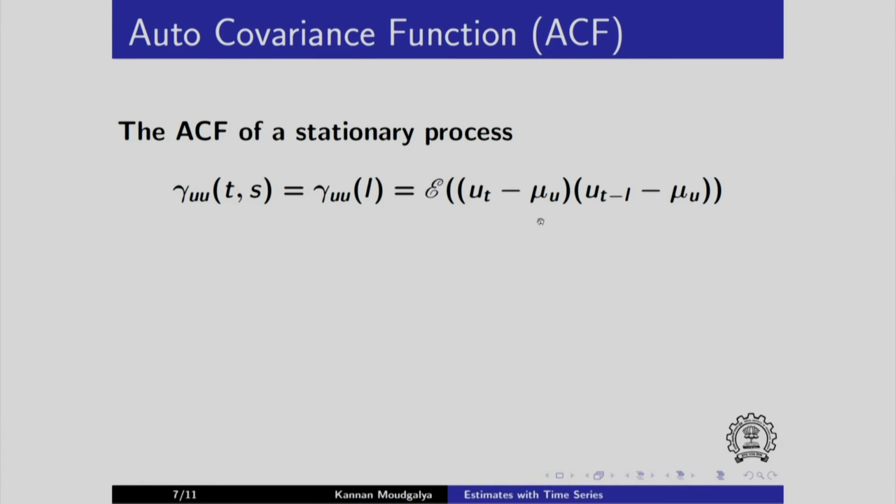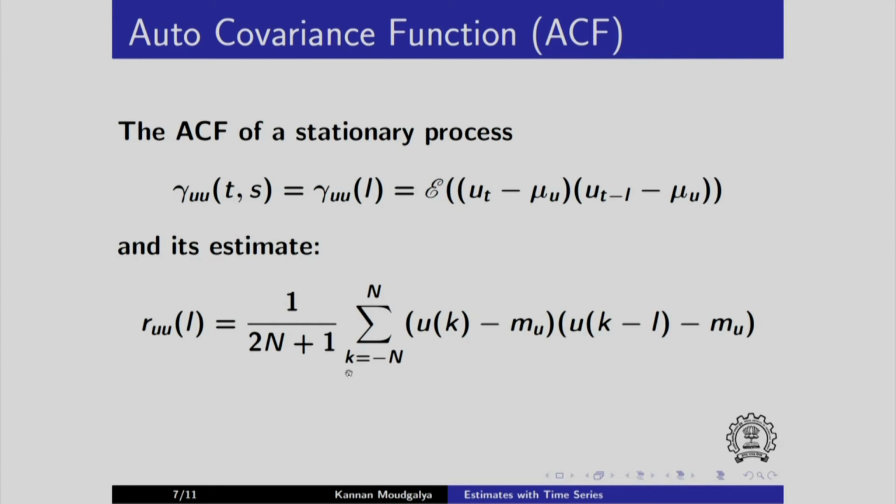This is the definition that we had before, and its estimate is given by this summation and scaling by 2N plus 1, which is the number of entries in this summation. Notice that we use small r to indicate the estimate, whereas the actual value is gamma, and we are using L because it is a stationary process.